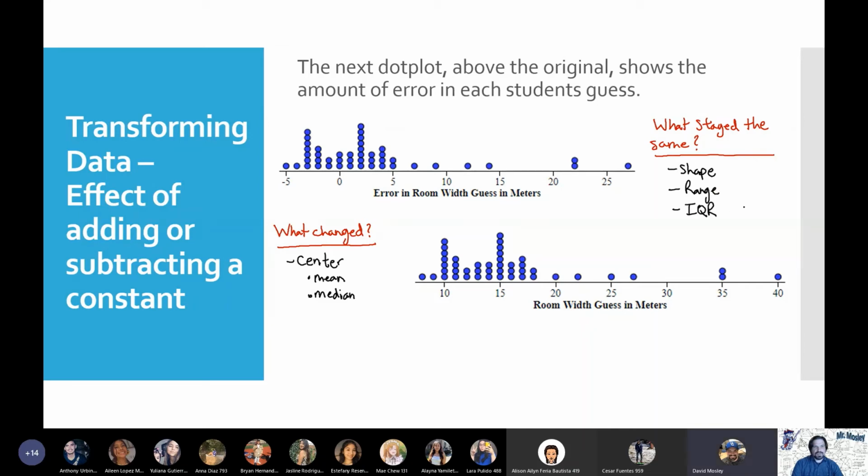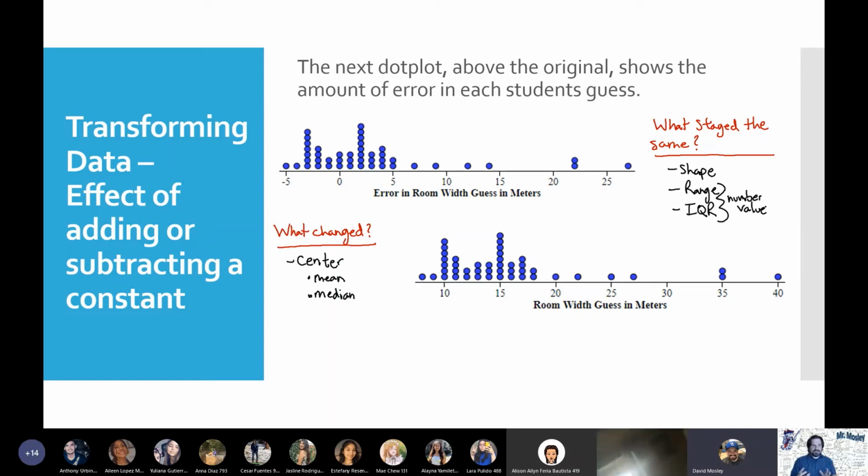And the value of the IQR, these stay the same. We can see that because the range for both is 32, and we would find the same thing for the value of the IQR.